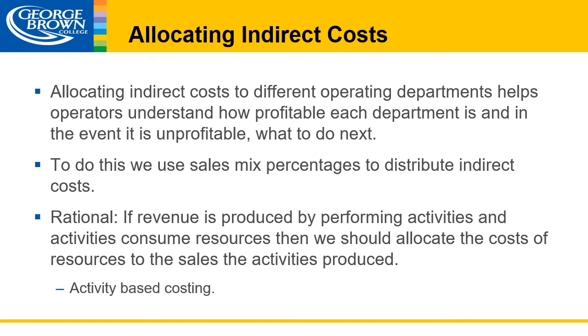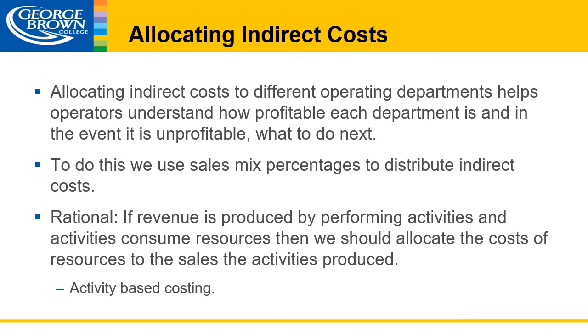So to do this, we use sales mix percentages to distribute indirect costs to each operating department dependent on the proportion of sales that they generate. Okay, the rationale here is, if revenue is produced by performing activities and behaviors, and these activities consume resources, then we should be allocating costs based on the sales activity that was produced.